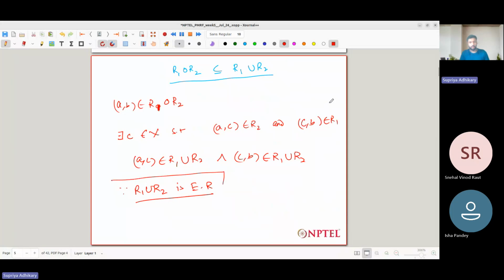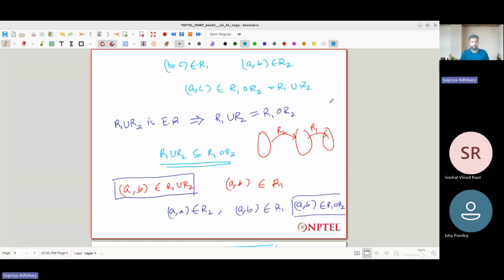So therefore, we can say that R1 union R2 is a transitive relation, and from there we can conclude that this AB belongs to R1 union R2. So that means this relation is also true, and therefore this is true.